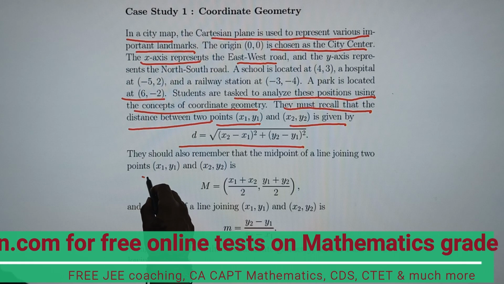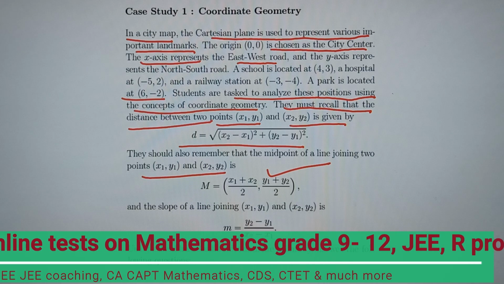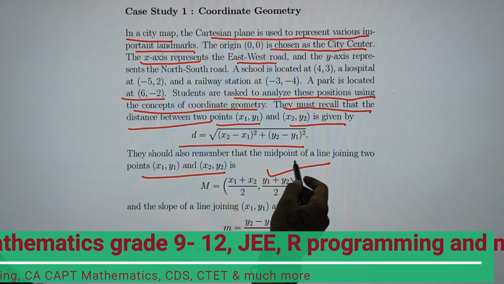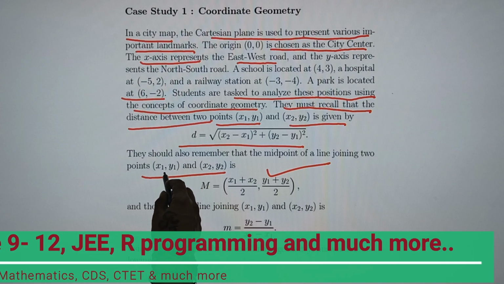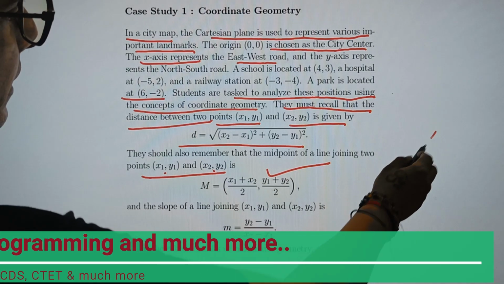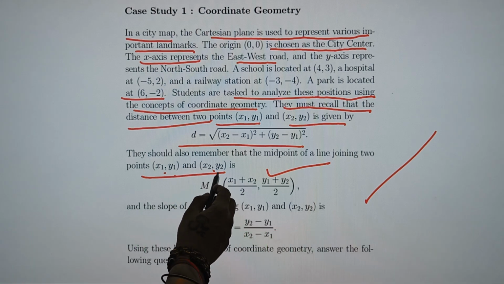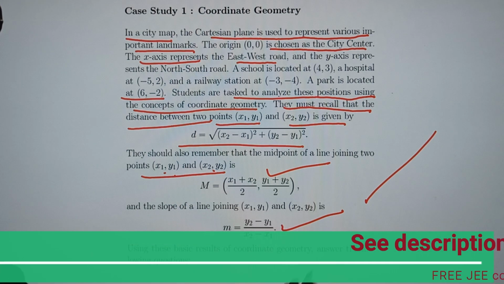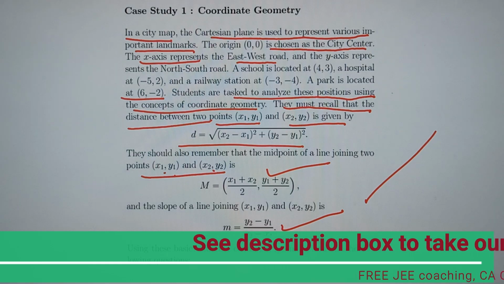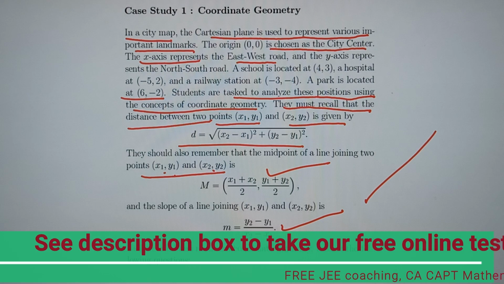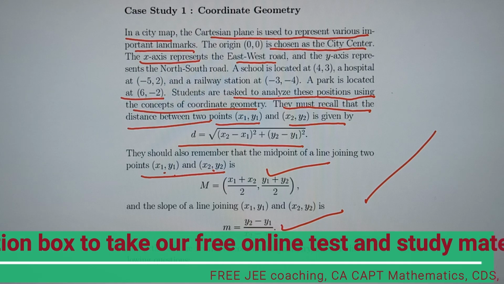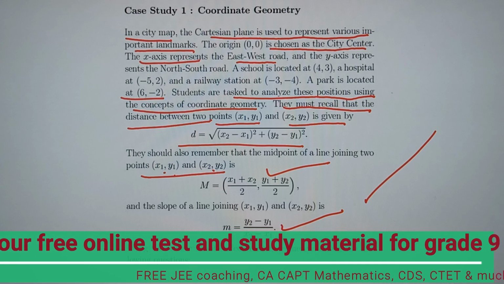Similarly, if you have to find the midpoint, you have to use this particular formula, and if you have 2 points (x1, y1) and (x2, y2) and you have to find the slope of this line, then you can use this particular formula. So these formulas are for your ready reference and you have to memorize them for your examination.